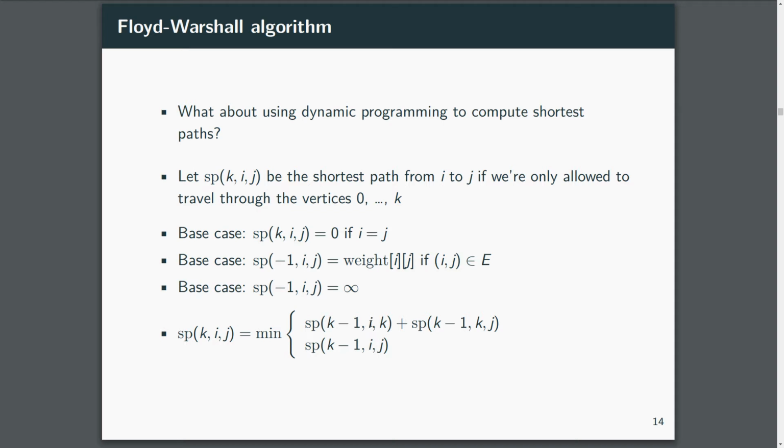We find the distance from I to k, and then we add, if we're only allowed to travel up to k minus 1, we add the distance between k and j. So here we're including vertex k, and here we're excluding it. And either of these is going to be optimal.